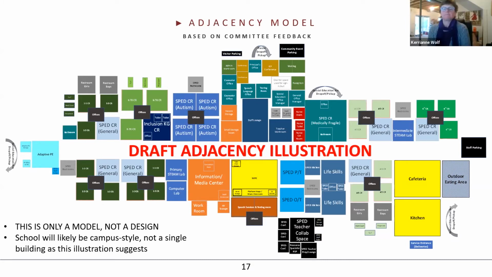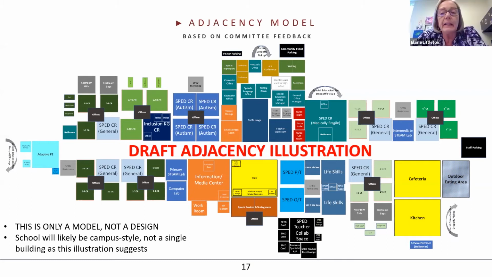And then the adaptive PE was similar, because I know oftentimes the adaptive PE will be our SPED kiddos working with our therapists in that space. And so if they needed it to be a quiet environment, I didn't know if sound would be an issue. So that's kind of why I did that.